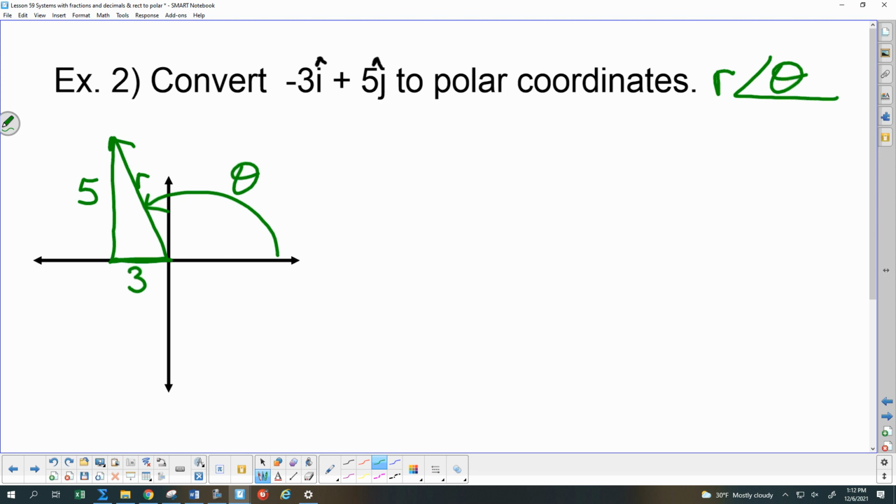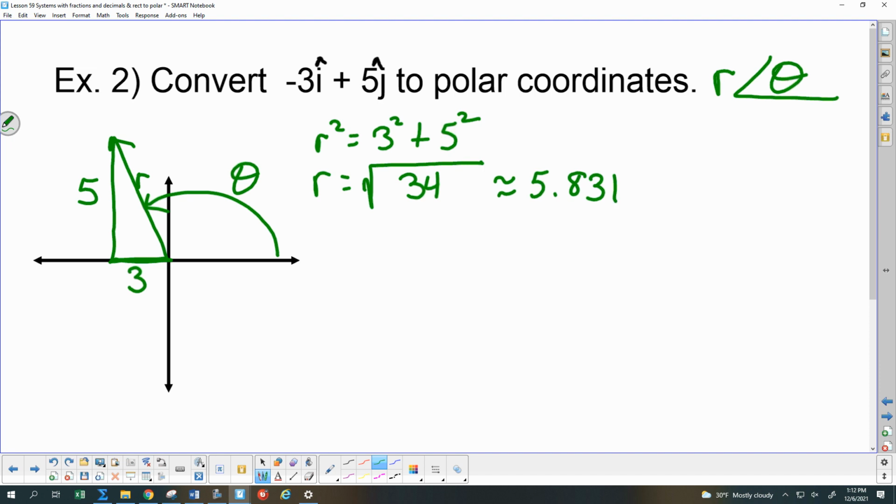So we can start off by saying that r squared is 3 squared plus 5 squared, which means r is the square root of 3 squared plus 5 squared, and 9 plus 25 is 34. So r is either the square root of 34, or if we decide we want a decimal, 5.831.